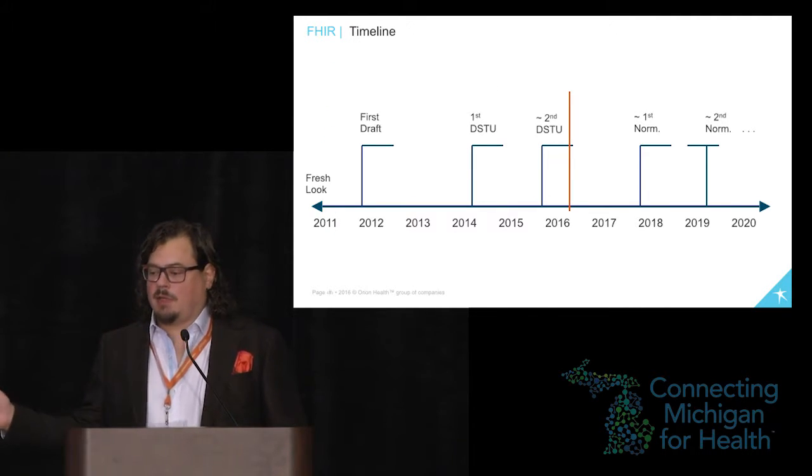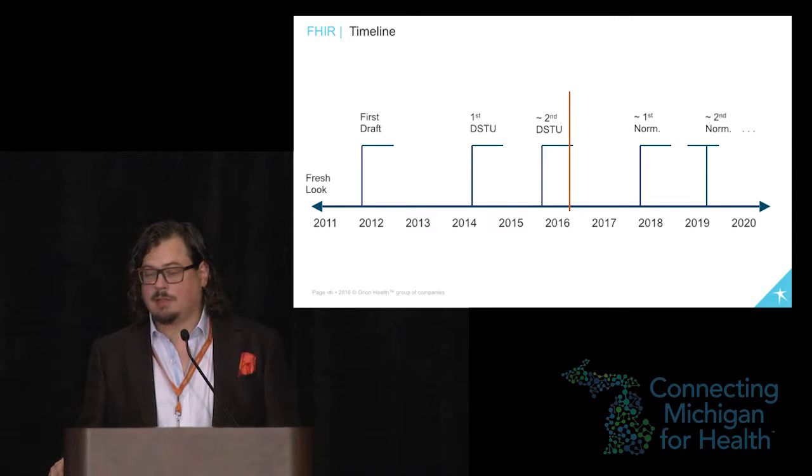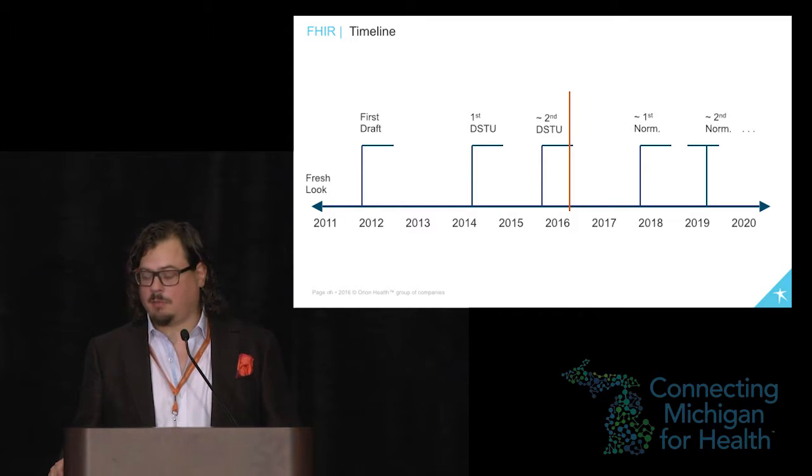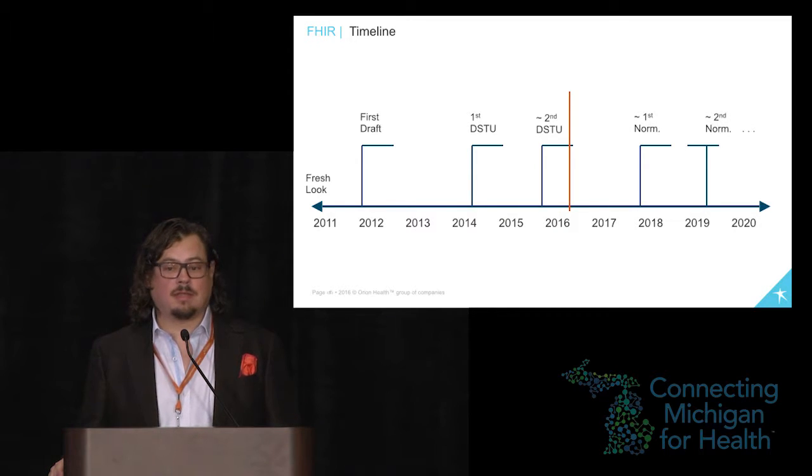So again, coming back to that historical timeline for FHIR itself, the momentum is actually going a lot faster than some of the previous standards that have been out there. So that fresh look came out in 2011, and the first draft was out, and actually the very first Connectathon.